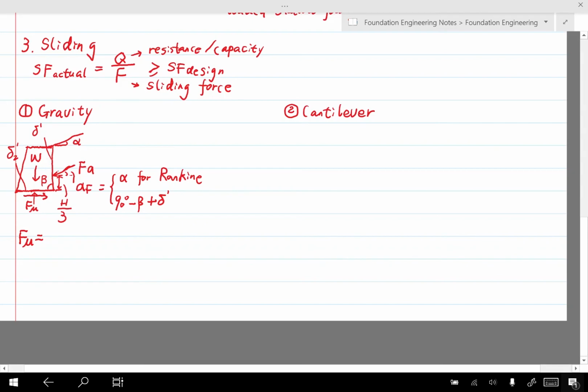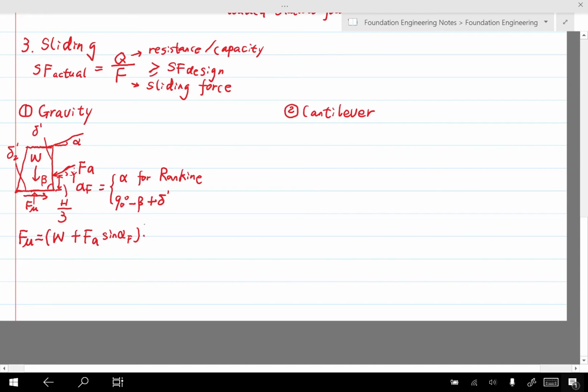Let's calculate the total vertical force first. That would be W, which is vertical, and we also have the vertical component of Fa. So that is Fa times sine alpha F. Then this is the normal force.